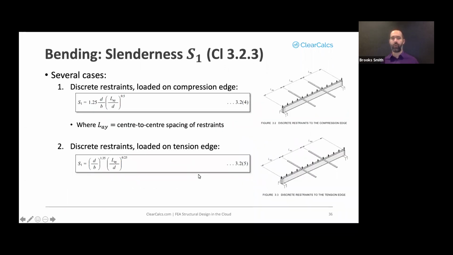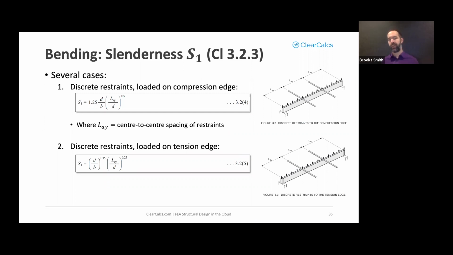Slenderness, your S sub 1 or S sub 2 values. There are several different cases depending upon exactly what your restraint looks like as to what your S sub 1 or S sub 2 value will be. The first couple cases are if you have discrete restraints.